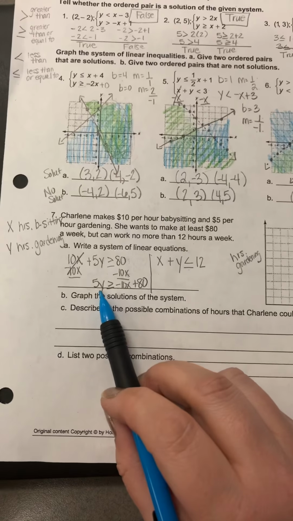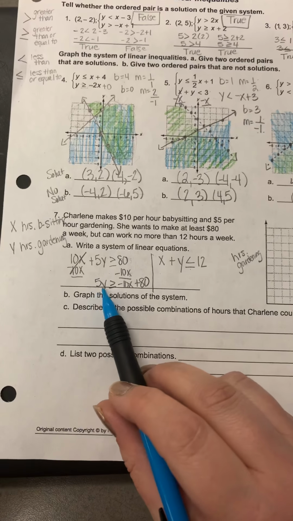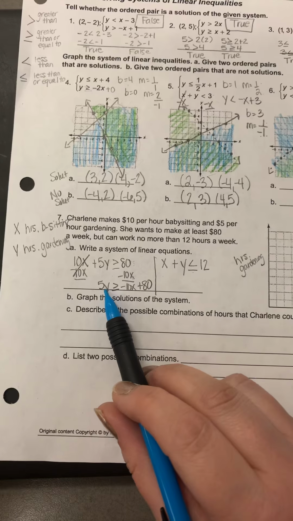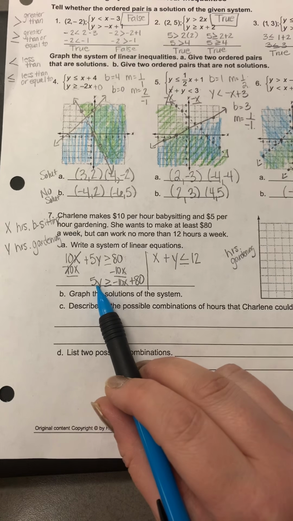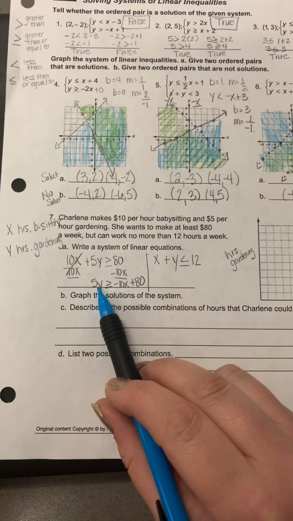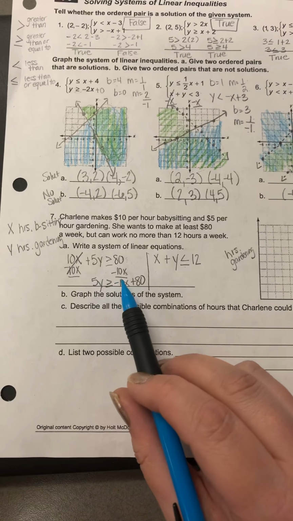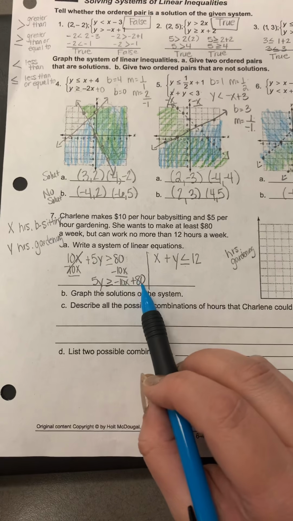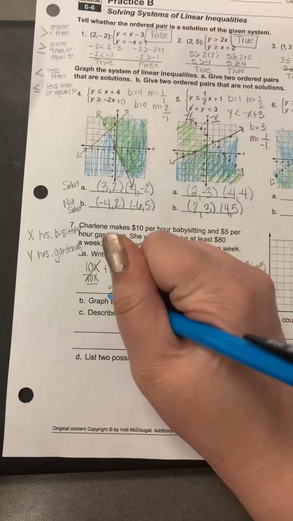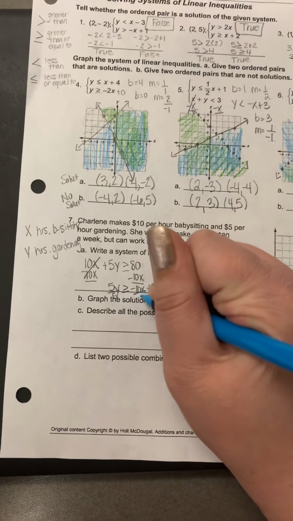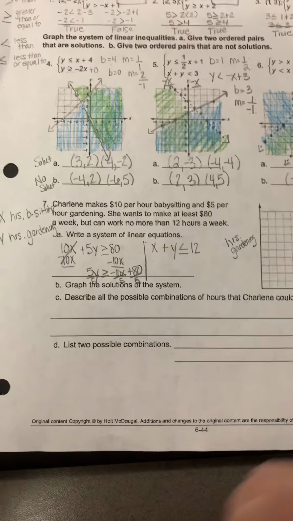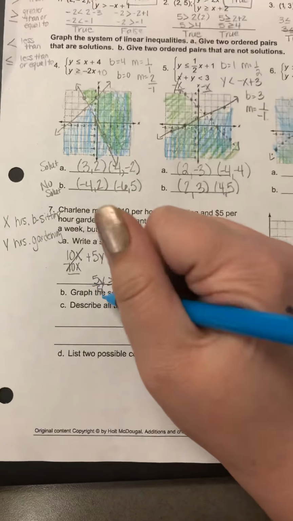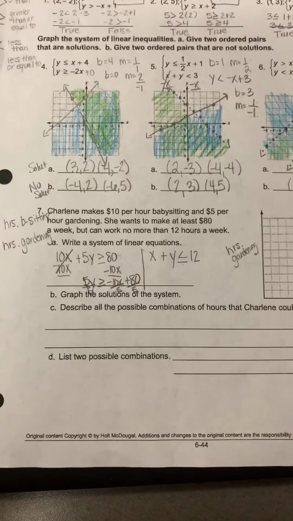Now to get y by itself, this is what operation? Multiplication. So to undo it, we need to do the opposite of multiplying. We need to divide. So divide this term by 5, the negative 10x by 5, and the 80 by 5. So then you can just use your calculator if you need to. So your 5's cancel.